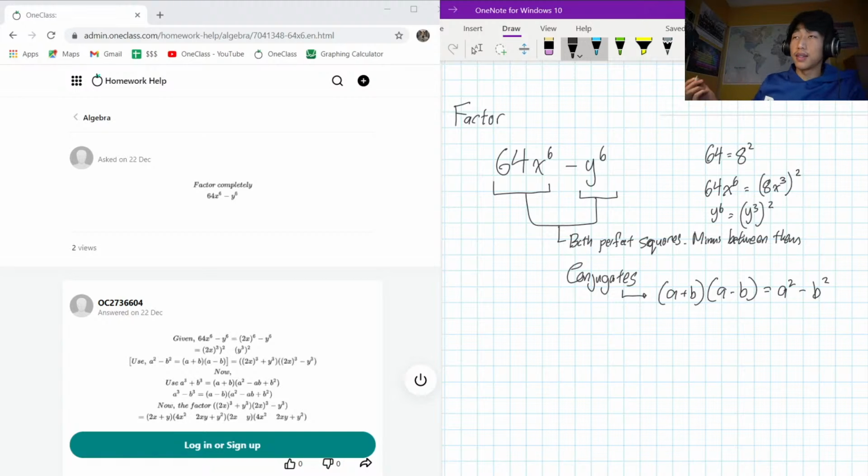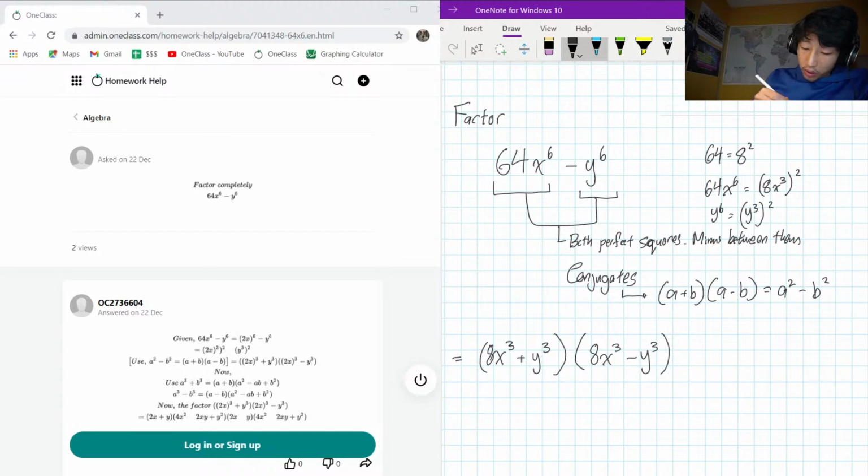Okay, so using this, we can apply the conjugate principle as follows. Here we'll have 8x cubed plus y cubed, and here we'll have 8x cubed minus y cubed. Okay, so these are equal.